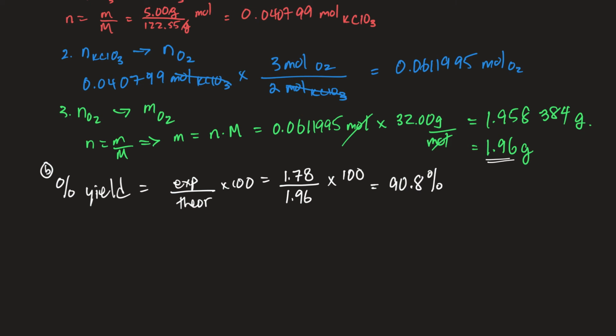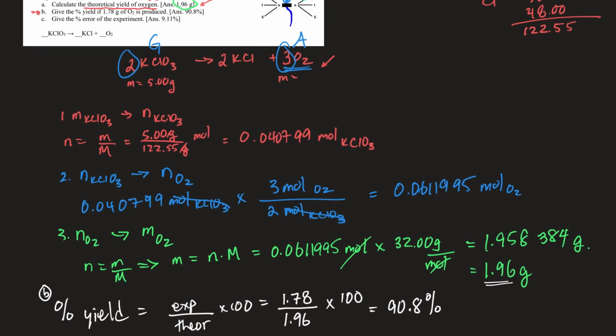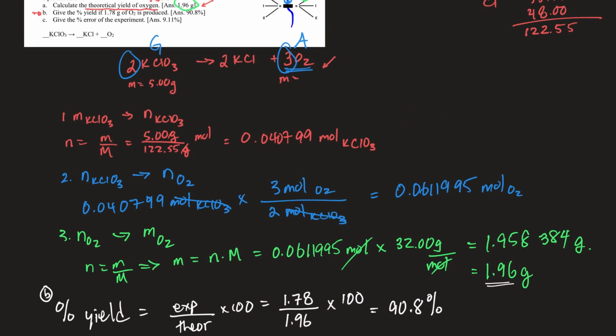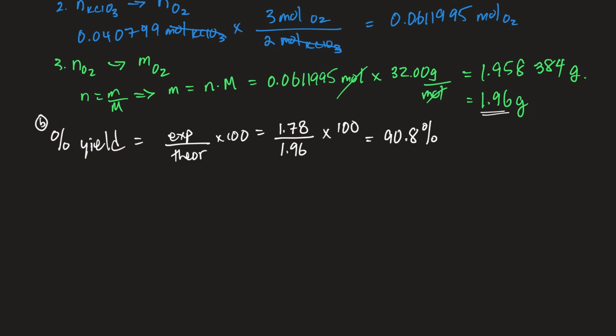Then what's the next question say? Calculate the percent error. We're supposed to get 9.11. Okay, so percent error. That's another formula. What you do is you take what you got, so the experimental, minus the theoretical, divided by the theoretical, times 100.